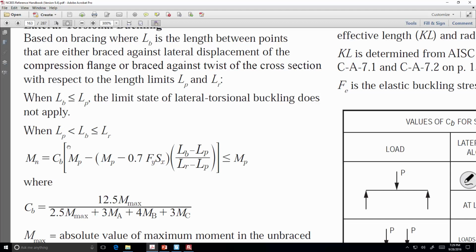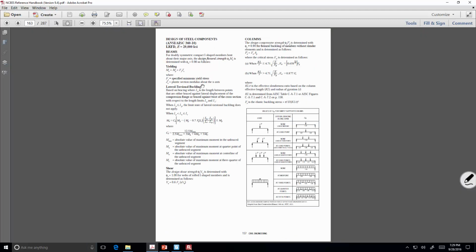Point 2, if you notice, see how I've got this 0.7 Fy Sx? Everybody see that? And then I've got this LB minus LP over LR minus LP. I'll tell you what, I think we're just going to compute this directly. So the only other thing we're going to need for this section is Sx. That's the only thing we're going to need. So let's go find Sx.